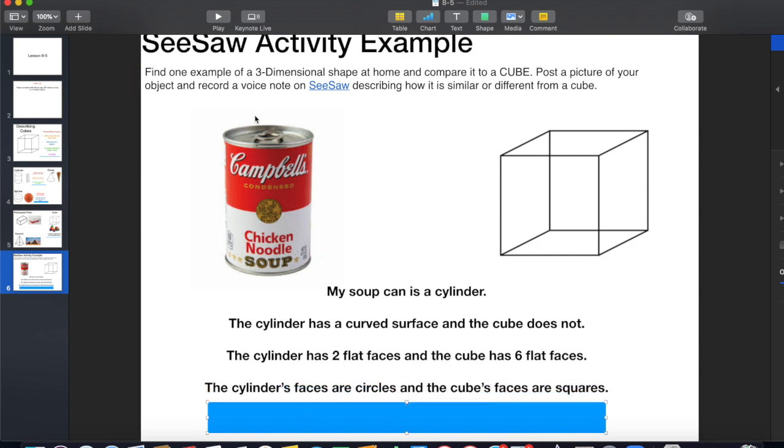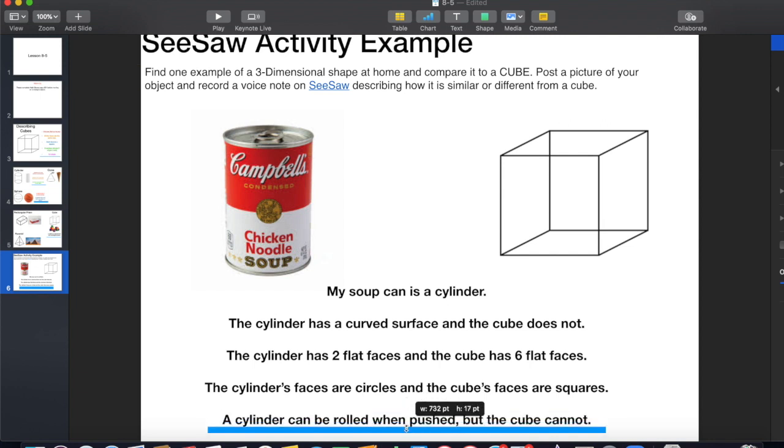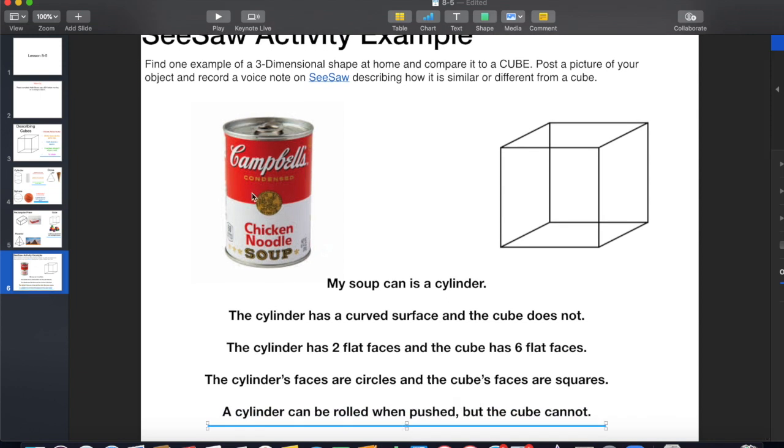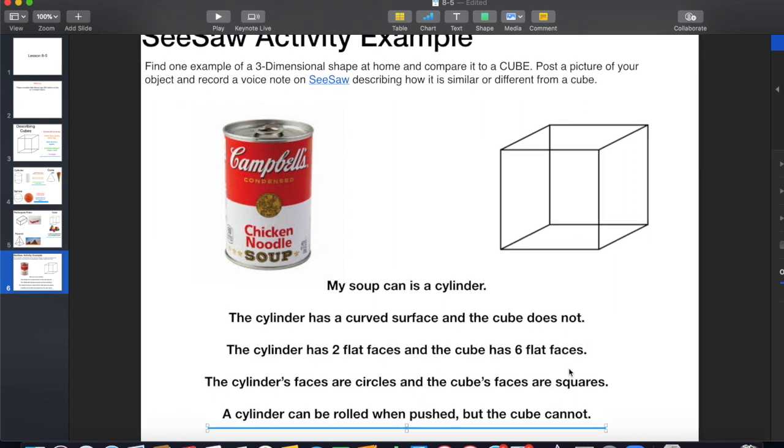The cylinder's faces are circles, and the cube's faces are squares. A cylinder can be rolled when pushed, but the cube cannot. So these are some of the things that I noticed when I compared the cylinder to the cube. So take some time, find an object around your house, and then jump on Seesaw, take a picture of it, and tell us about it.